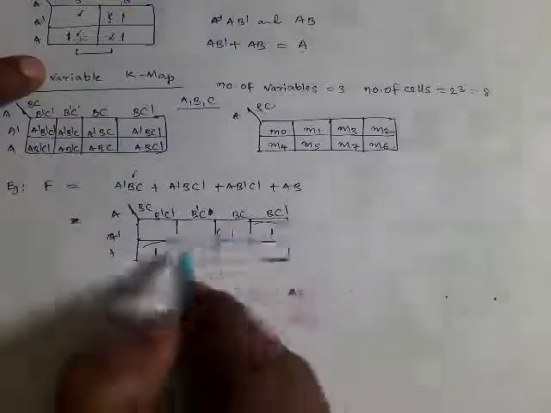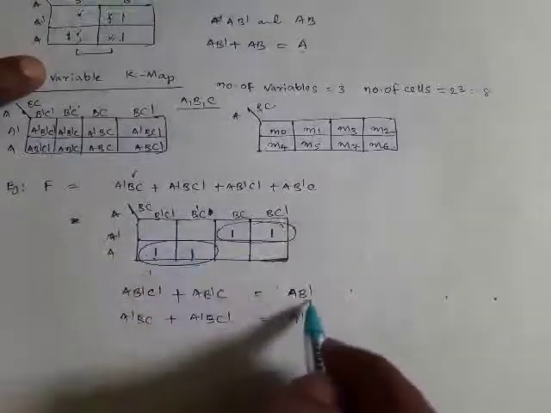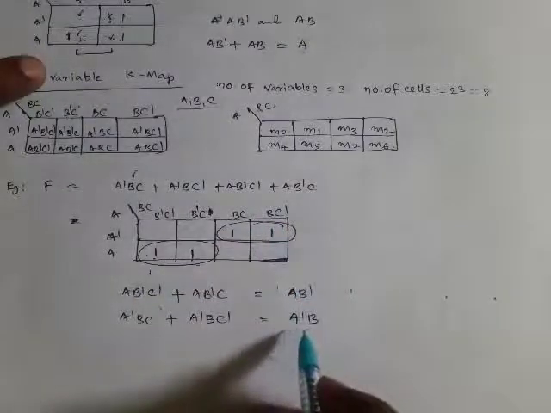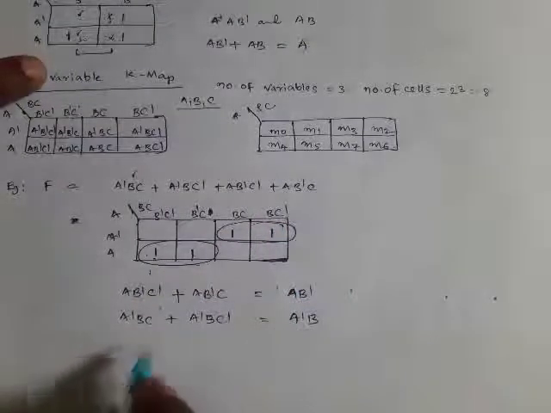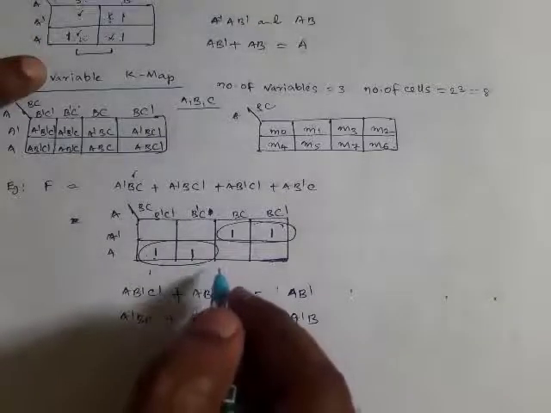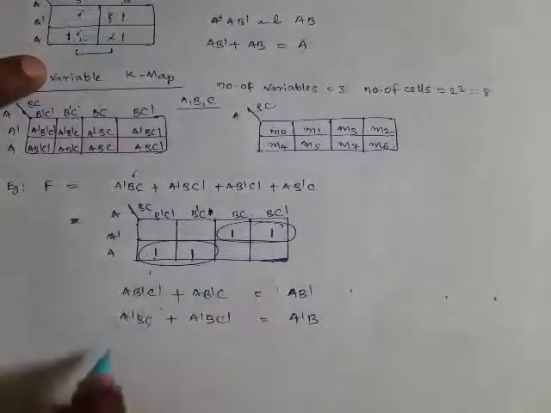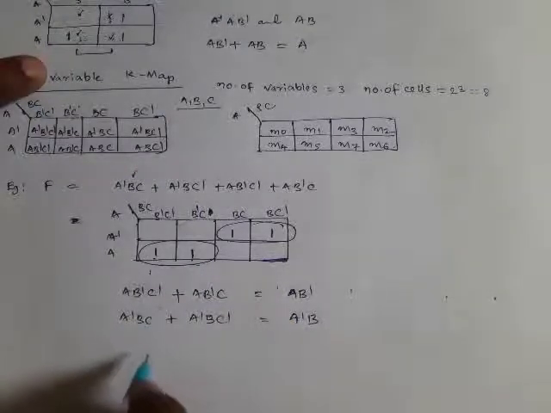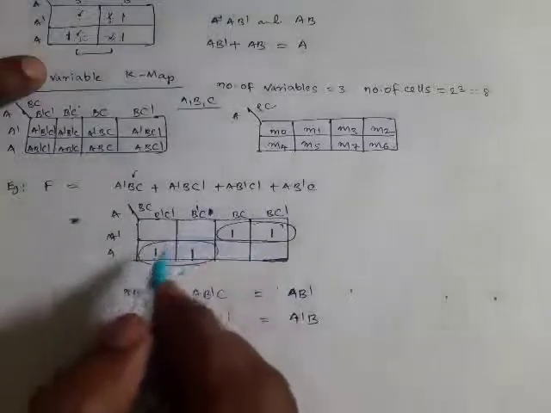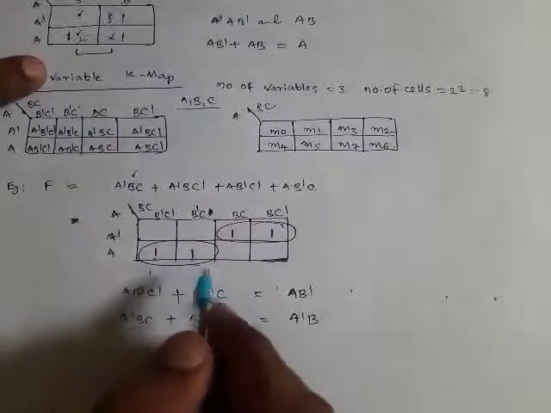So this pair represents the term A B bar, and this pair represents the term A bar B. There are no more cells containing ones to be grouped, so we have finished the grouping of the cells.